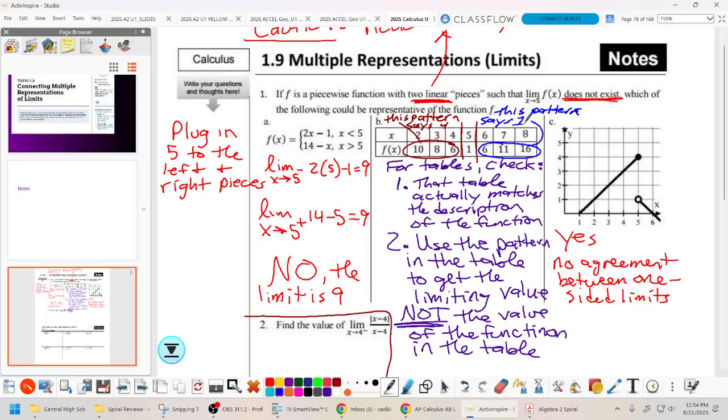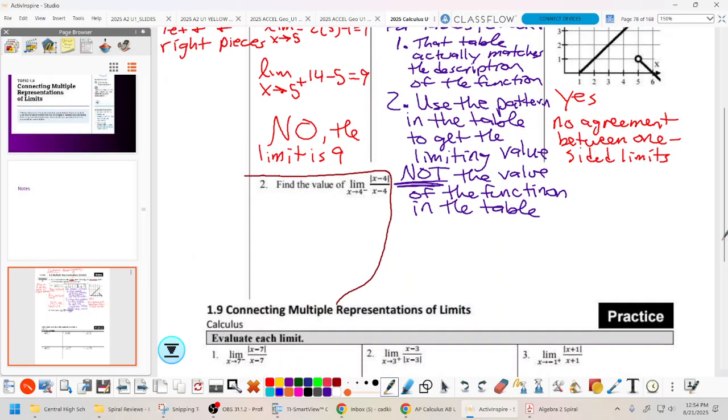So this one, yes. The limit as x approaches 5 from the left is 4. And I'm making this very clear in case you want to come back and look at this later. Based on the left pattern of -2 each time.